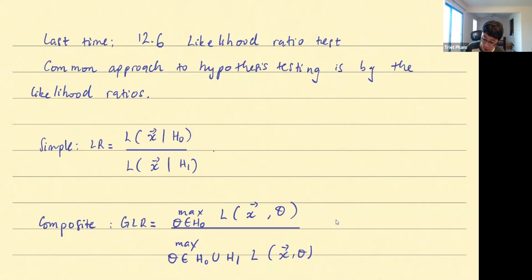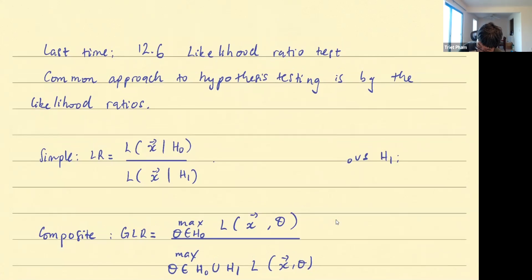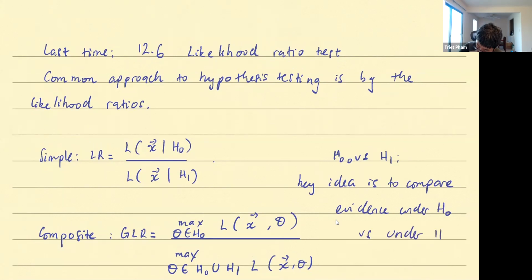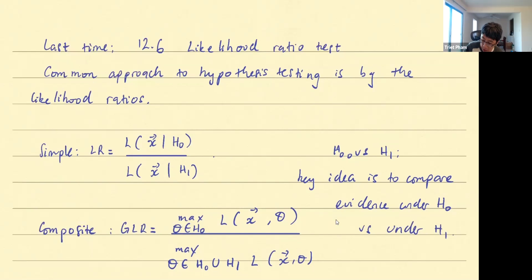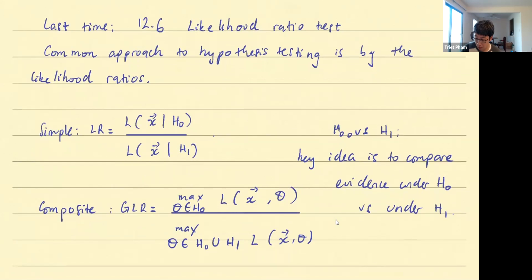To decide the null versus the alternative, the key idea is to compare evidence under the null versus under the alternative. Both of these try to express these ideas in a different setup.